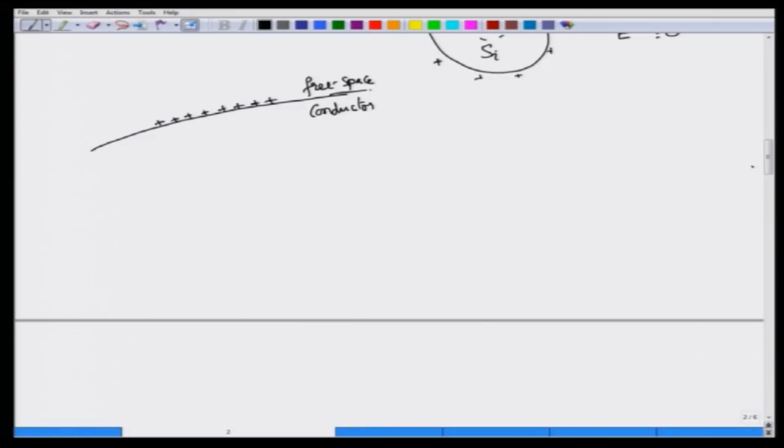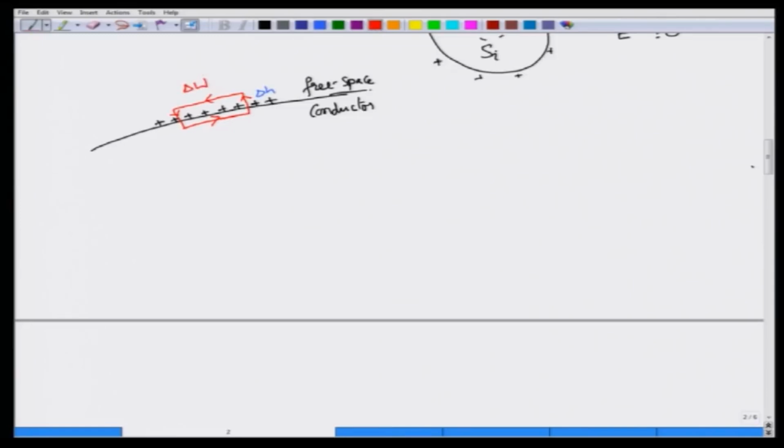To obtain the boundary condition for D and E, we follow the procedure that we adopted in the last class for dielectrics. You first imagine a path here which has a certain width and a certain height. The path is traversed in a particular direction satisfying the right hand rule. The path has a height delta h and a width delta w.